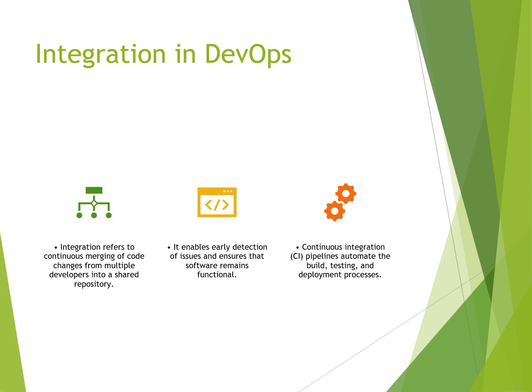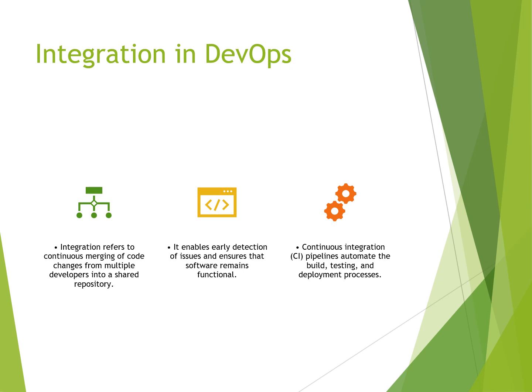Integration in DevOps is also important. There's a concept of integrating different parts of software development stages and operation stages, including testing, integrating them together. And this is called continuous integration.